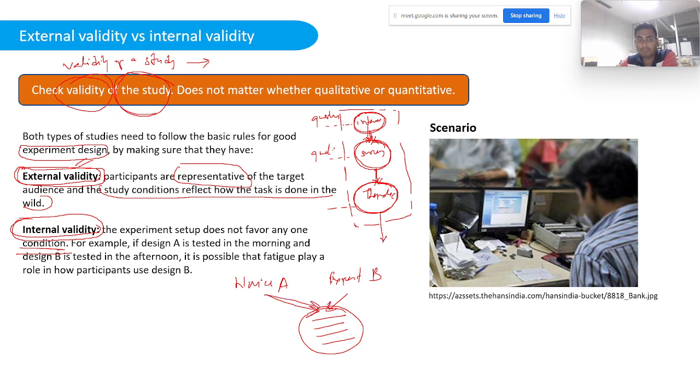Because the information from these two settings may vary, as the task analysis of a novice user and the expert user may be different. That's the reason why we need to give the task to specific user groups and see the difference between the requirements, and only then should we move ahead with our requirement analysis or design decisions. So this is what is important as part of internal validity.